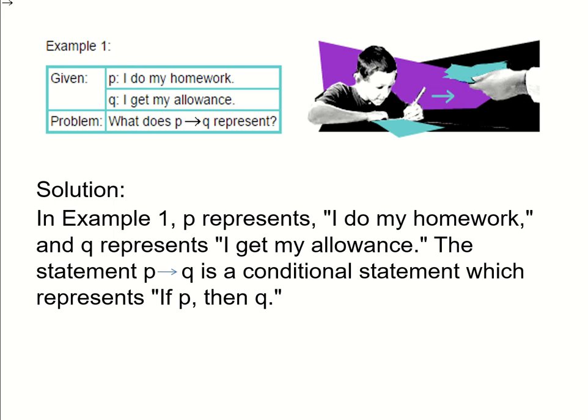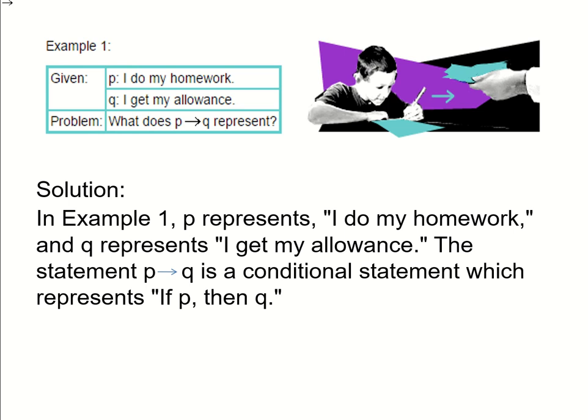We have here an example of a conditional statement. So, the if-then statement is also called the conditional statement. In example 1, P is our hypothesis. Hypothesis is denoted by letter P, which represents "I do my homework."